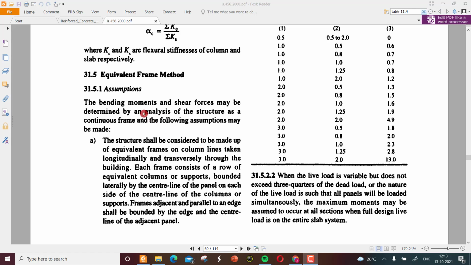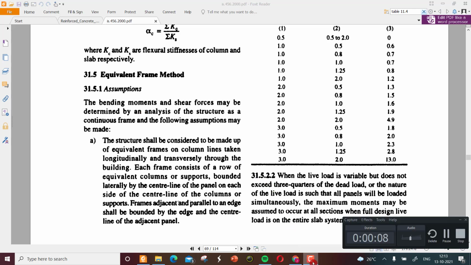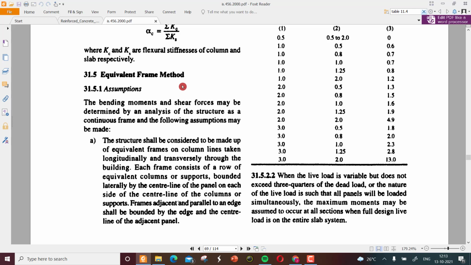Welcome back. Today we will learn the equivalent frame method of solving flat slabs. Here the basic assumptions include the bending moments and shear forces may be determined by an analysis of the structure as a continuous frame, and the following assumptions are made.